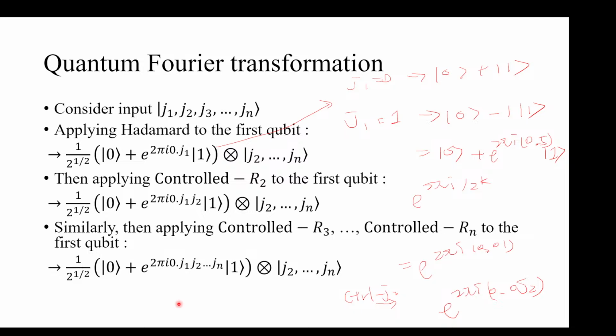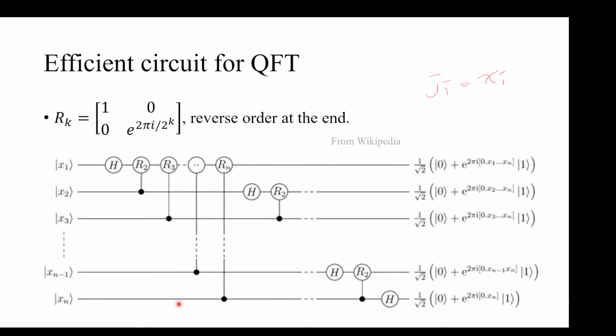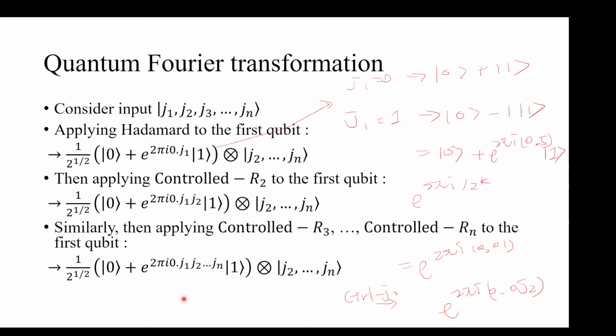And after all those controls, you do nothing on the first qubit. So the end result on the first qubit is 0 plus e to the 2 pi 0.J1 J2 to Jn 1.